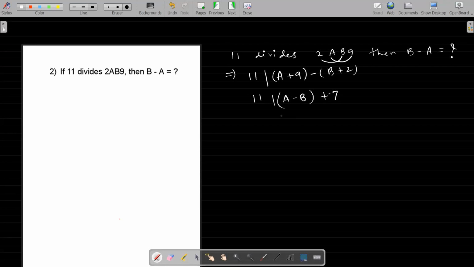The difference of A and B. So A minus B plus 7. Now A minus B can't be too big because they are digits, so the difference will be at most 9. If I take A minus B as 4, then 4 plus 7 is 11, and 11 will divide that. We are asked what is B minus A. So if A minus B is 4, B minus A must be minus 4.